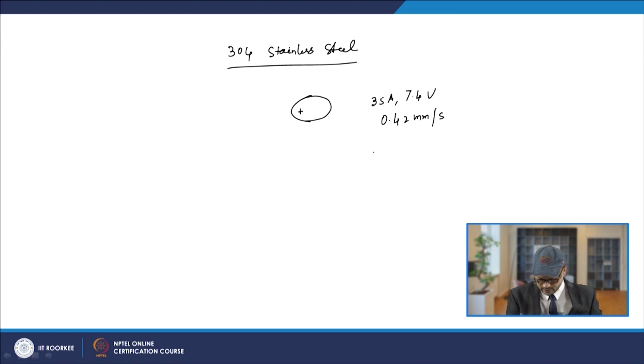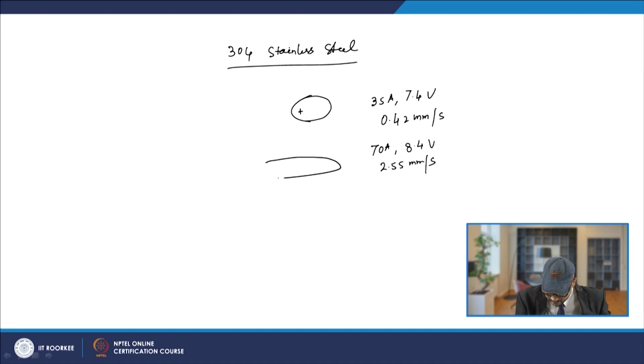If you increase this to 70 ampere and the voltage to 8.4 volt, and also the velocity is increased to 2.55 mm per second, in that case your pool will change, and it will appear like this. In this case, this is the direction in which you are doing the welding.